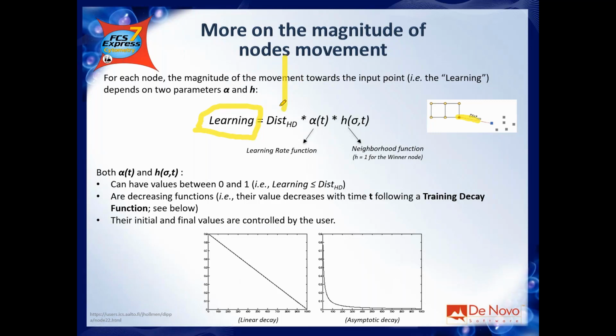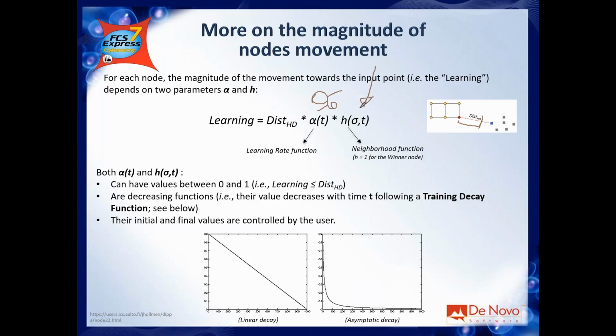This is based on the actual distance between a node and the target, in this case between the red and the blue. And then it's defined by 2 different variables. One is called the learning rate, alpha. We already saw that. Remember, in our example, it was basically like 60%, so let's say 0.60.